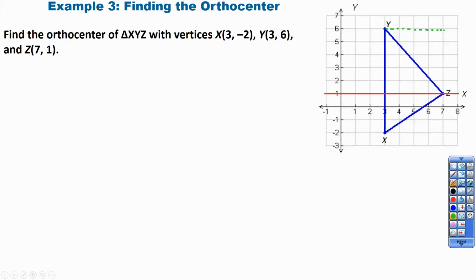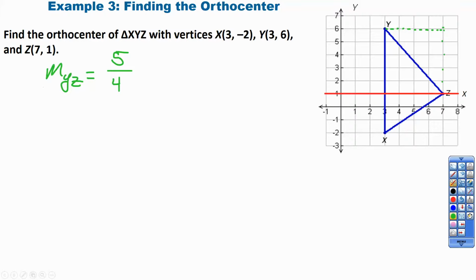So m sub YZ is equal to rise over run, and the run was 4, we said, 1, 2, 3, 4, and the height is 1, 2, 3, 4, 5. 5.